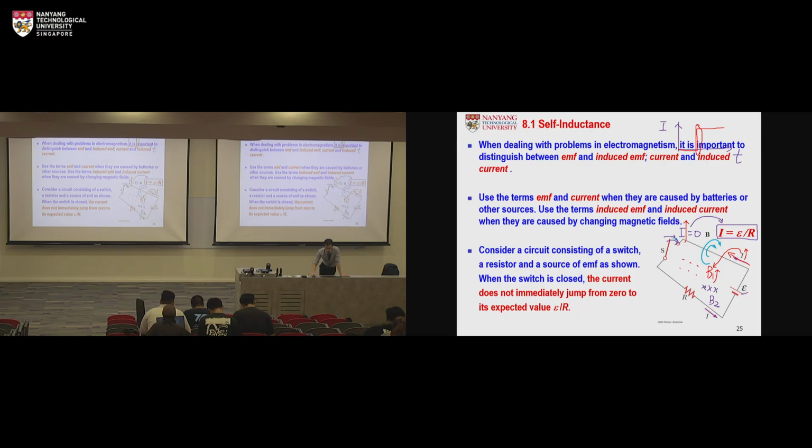Now, where does this B2 come from? It means inside the circuit there will be an induced current flowing. Let's label this I2 and this I1. There will be an induced current I2 which gives you this B2.